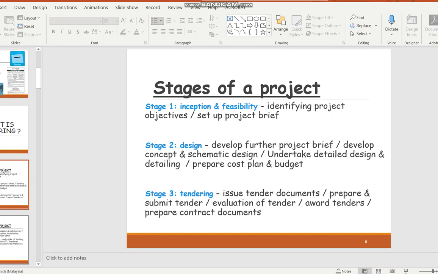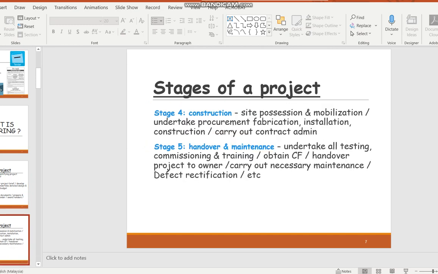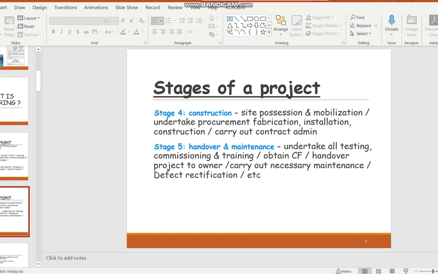So basically, this is pinpointing to you where exactly tendering is in the picture of the whole scenario of the life cycle of any project or production of any product, which is basically the delivery of the product, the project, or the facilities.